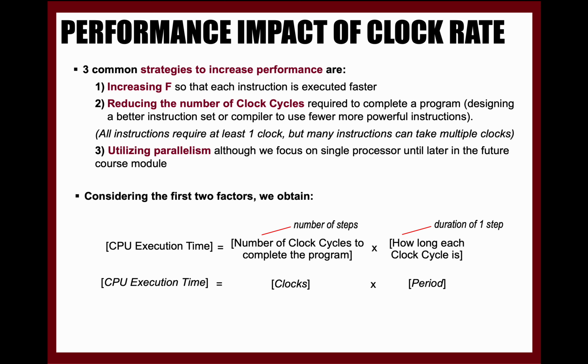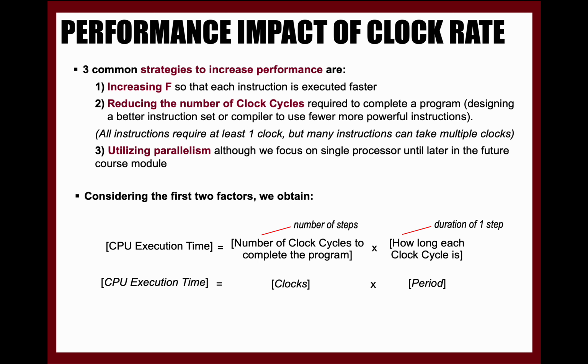Number two, reducing the number of clock cycles. This is achieved by either designing a better instruction set, optimizing the compiler, or using fewer yet more powerful instructions. It's important to note that all instructions need at least one clock cycle, but many instructions might require multiple clock cycles to be completed.